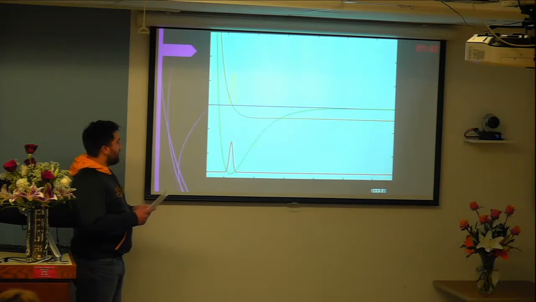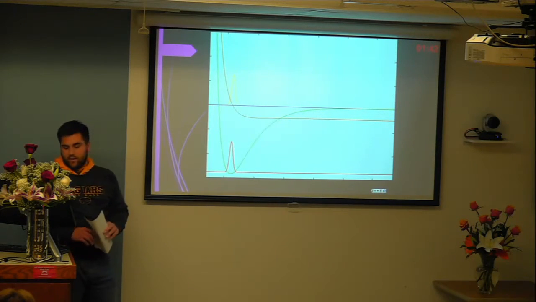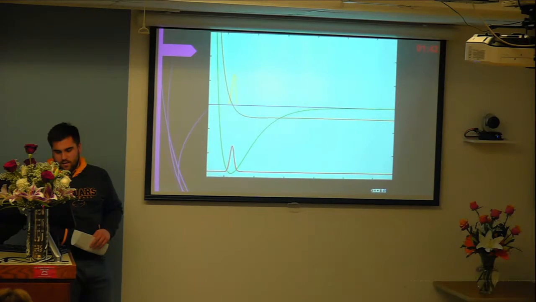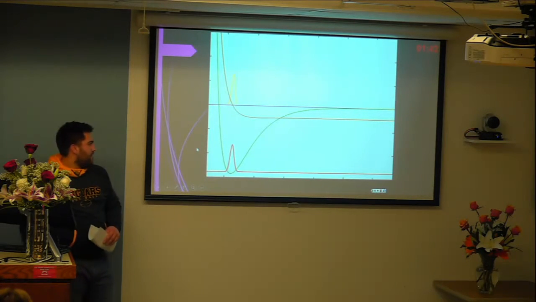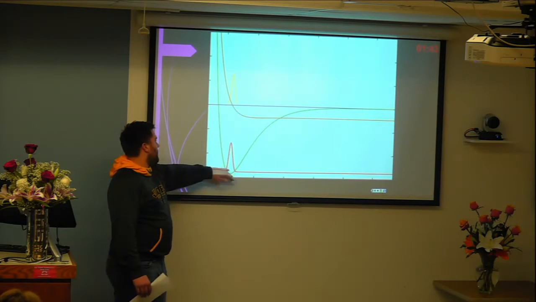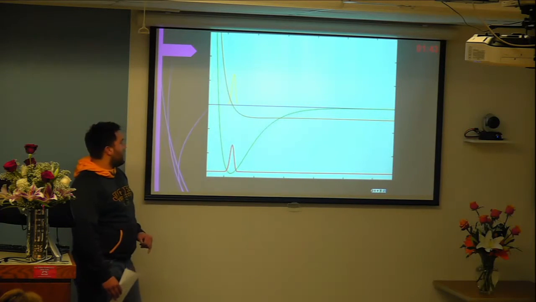And then the blue and red lines represent the probability distributions for the ground and excited states. So as you can see here, it begins stuck in the ground state, and then the photo-induced jump to the excited state will happen here pretty quick.